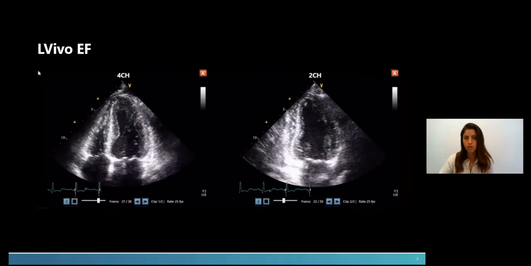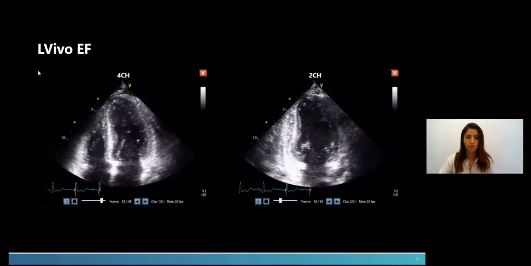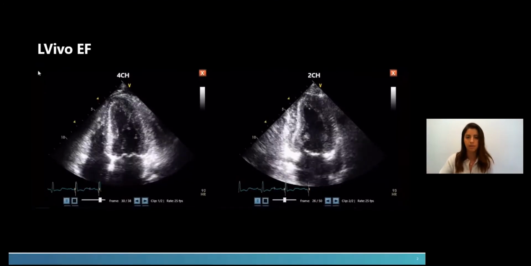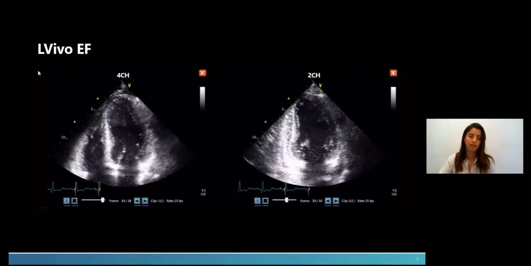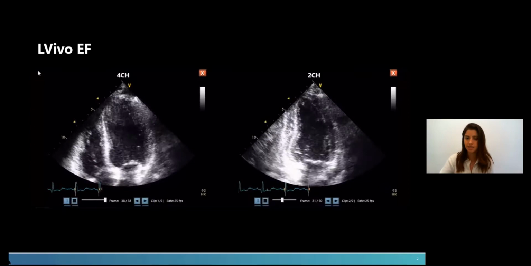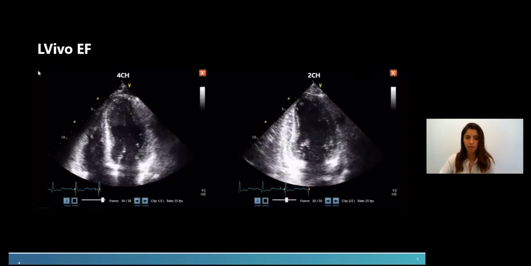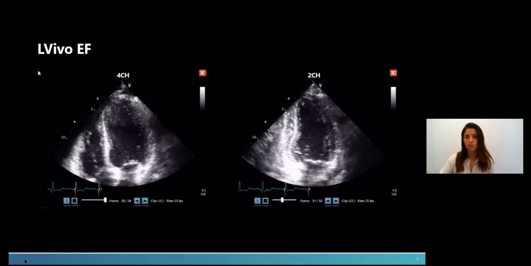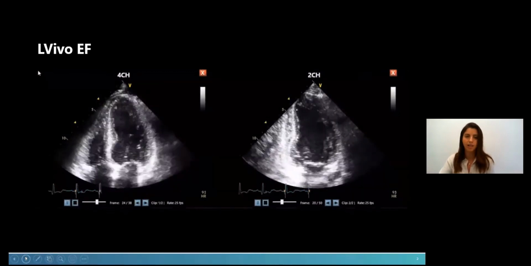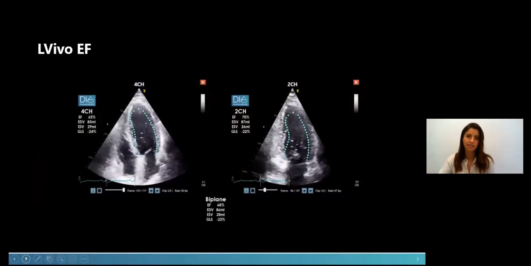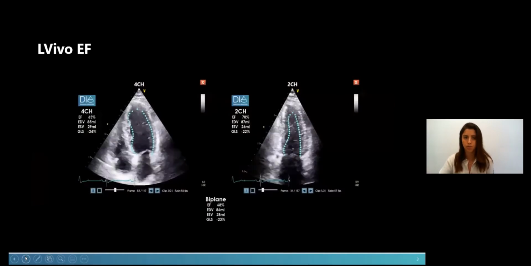Just a few words about DIA's Elvivo AI-based solution. It is offered on the IBM imaging marketplace. Our solutions run automatically behind the scenes on every echo exam. Once the echo views are acquired and downloaded to the PACS system, Elvivo automatically selects the best 4-chamber and 2-chamber views and analyzes them.